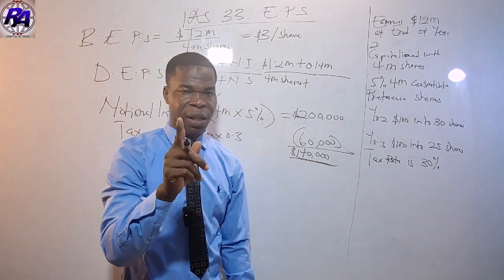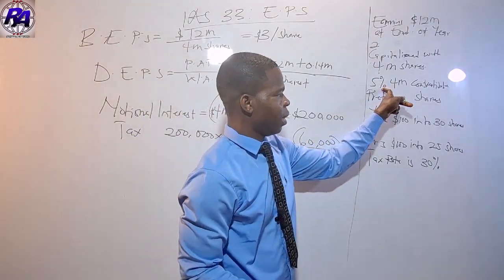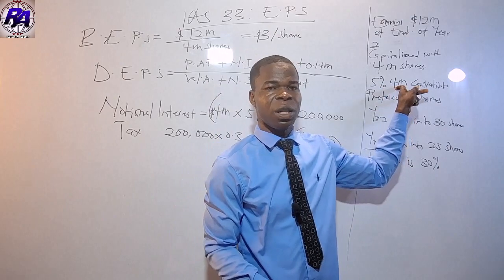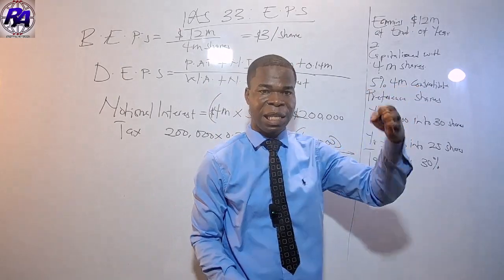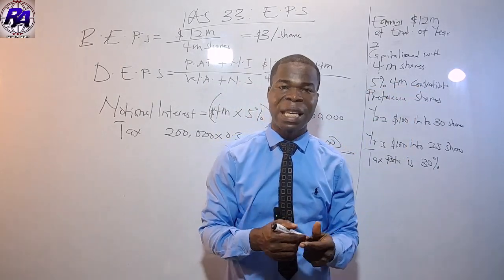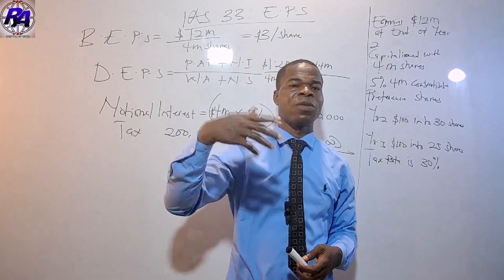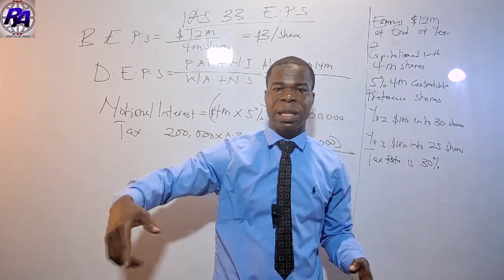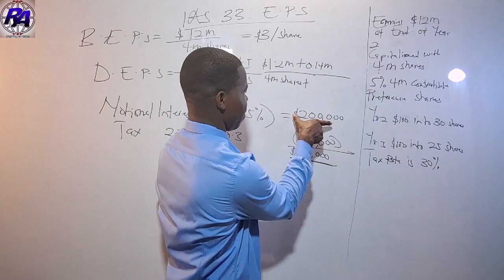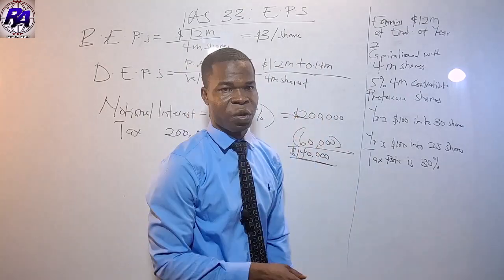Now please pay attention here. This convertible instrument was deemed to be issued at the beginning of the period. Assuming that it was issued during the period, then this profit here, we must take the date into consideration.